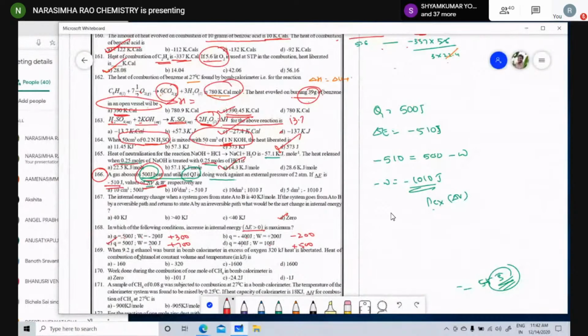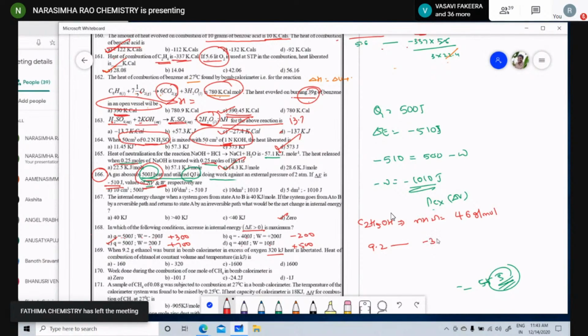When 9.2 grams of ethanol was burned in a bomb calorimeter with excess oxygen, this much heat was evolved. So the heat of combustion of ethanol is for 1 mole combusted. Ethanol means C2H5OH. Molecular weight is 46 grams per mole. Now 9.2 grams gives minus 320, because it is an exothermic process.